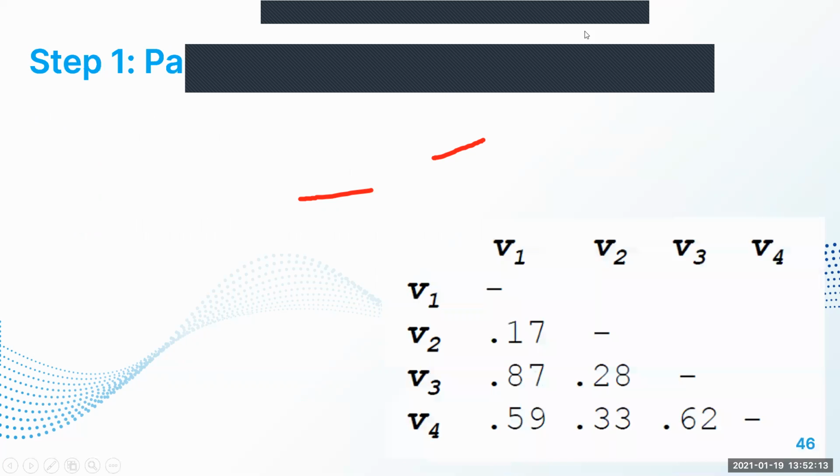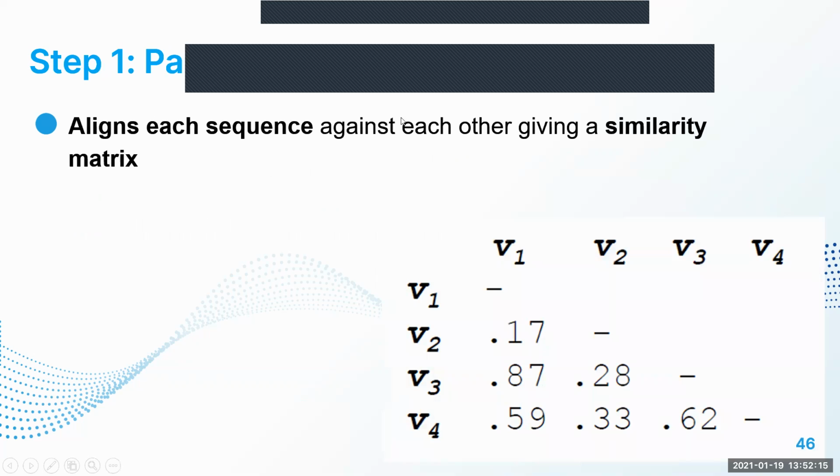Suppose you have several sequences, v1, v2, v3, v4, right? First you align these sequences pairwise, and you get what we call a similarity matrix. This shows how similar these sequences are.